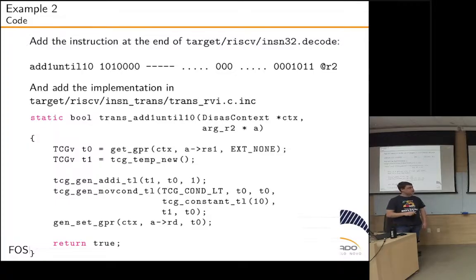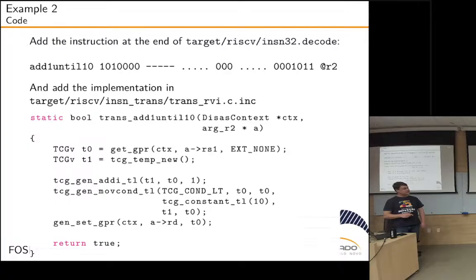So about the implementation of the instruction itself, on the first line we will declare a TCG variable that will get the global register RS1. So it's a general purpose register with the number defined by RS1. We have a second variable that will be a temporary.